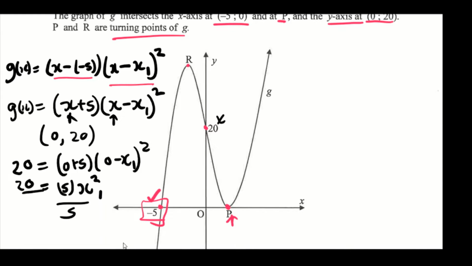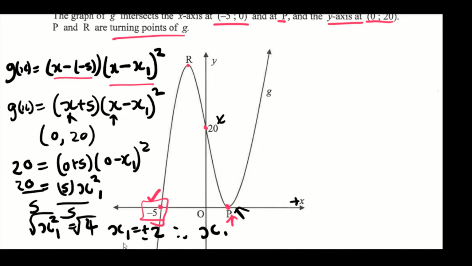Divide by 5 both sides, and you should get x1 squared equals 4. Then you take the square roots both sides, so x1 equals plus or minus 2. It's definitely not going to be -2 because the turning point is here, and the x values are positive on this side. Therefore, we will take x1 to be equal to 2.